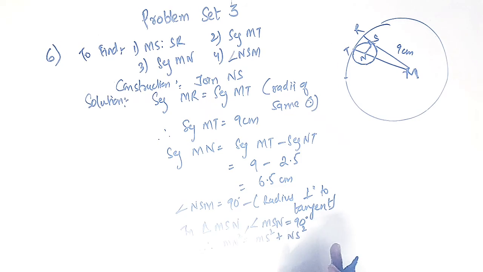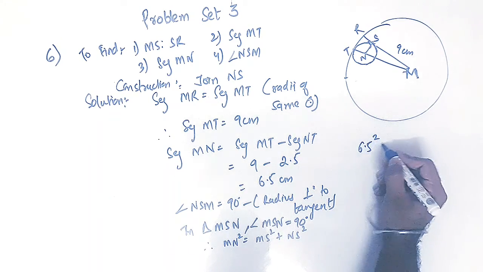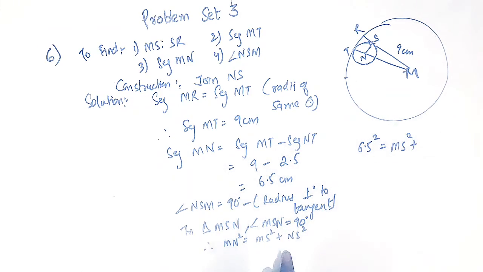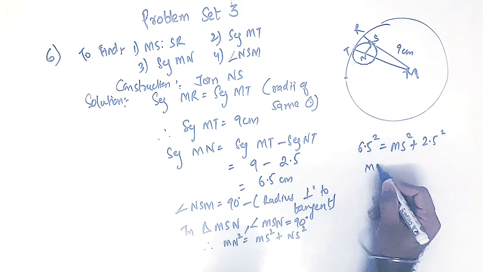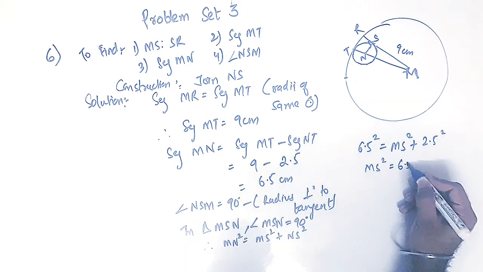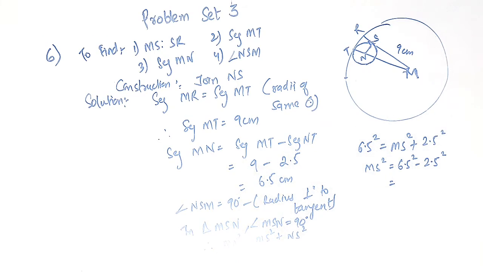MN is 6.5, so I'll write 6.5 square equals MS square, which we have to find, plus NS square, which is 2.5 square. So MS square is equal to 6.5 square minus 2.5 square.